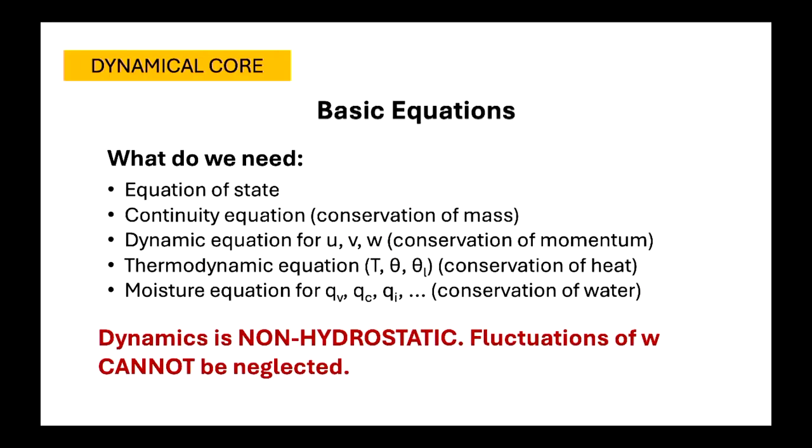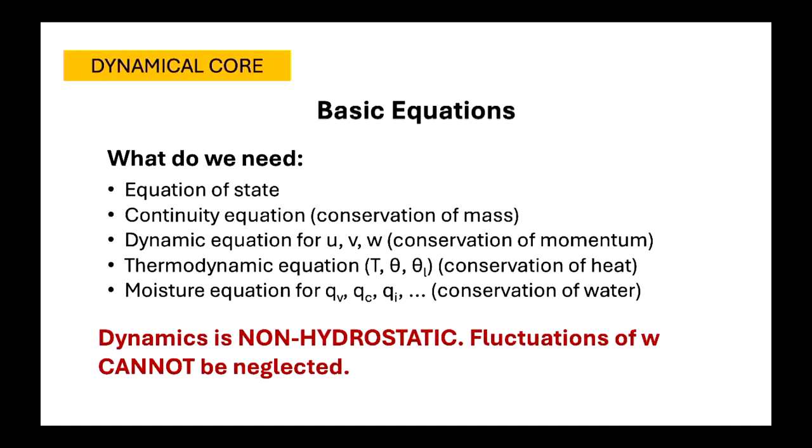All right, let's just take a deeper dive into these individual components. The dynamical core, right? So what do we need in terms of the basic equations? Well, first of all, the first equation we need is the equation of state, which represents the thermodynamic state of the air. And then we need a continuity equation that represents the conservation of mass.